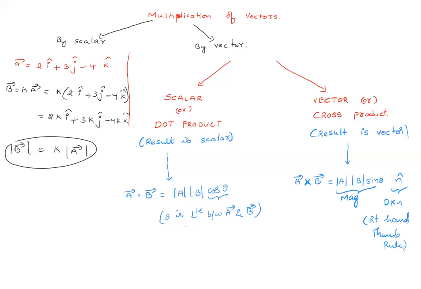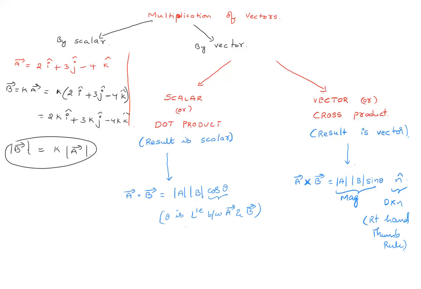So in multiplication of vectors, there are two things. One is you can multiply it by a scalar and other is you can multiply it by a vector. If you have vector a bar is equal to 2i cap plus 3j cap minus 4k cap, and you are multiplying by scalar, you can multiply with a constant times vector a bar.